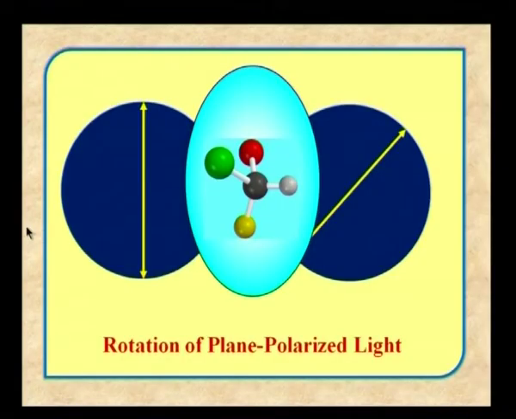The plane polarized light can be rotated by an optically active material, and you have got here the angle by which the plane polarized light gets rotated, through an angle alpha. And you have here the definition of specific rotation.